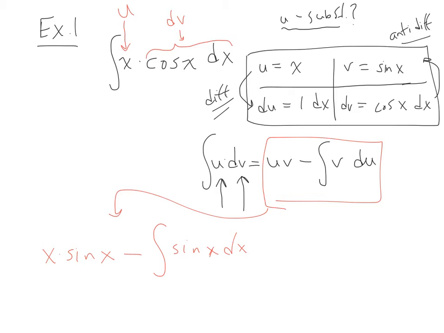And we can compute this. This would equal x sine x minus the integral of sine x, which would be negative cosine x, so then this minus sign in front is just going to become a plus cosine x.